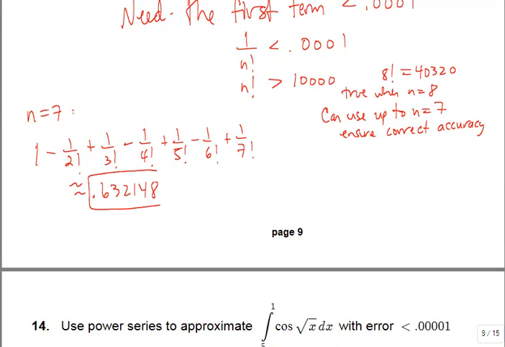And that's going to be our approximation of the sum, and we're guaranteed now to have an error less than 0.0001. So this is our approximation to e minus 1 over e, because that's what the value of our sum was that we proved earlier.